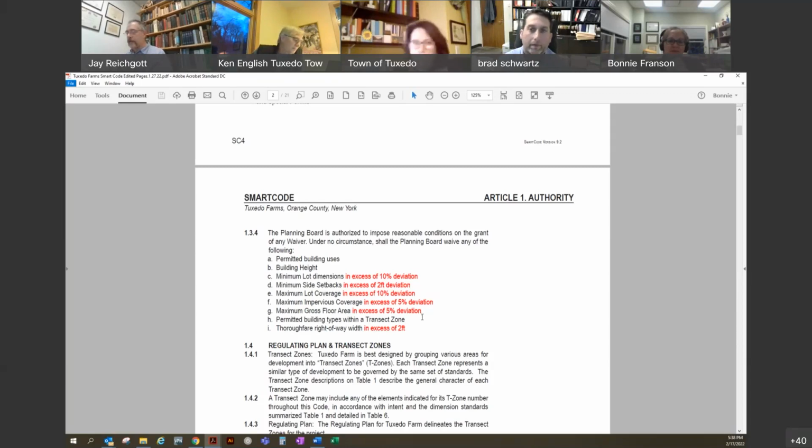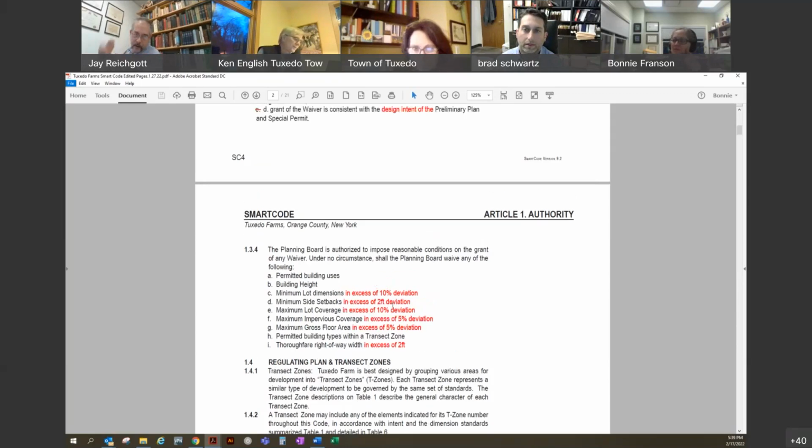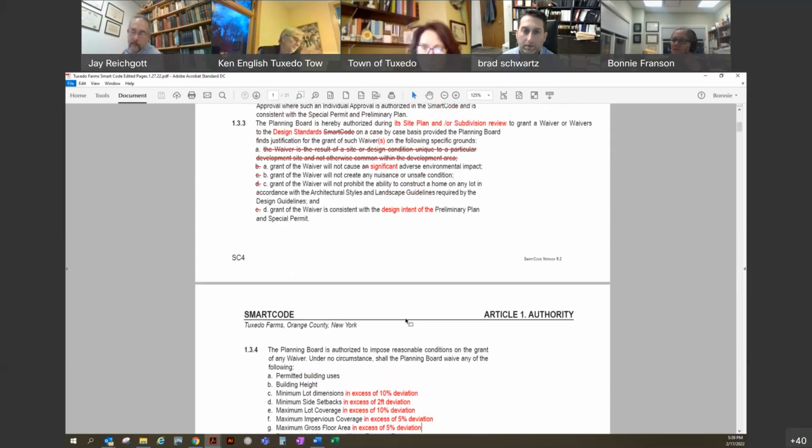On a sort of more broad view, are we okay with this idea? I'm okay with this theory, but that's just me. I need a little bit more information on the lot sizes and coverage, how close the houses are going to be. Right.